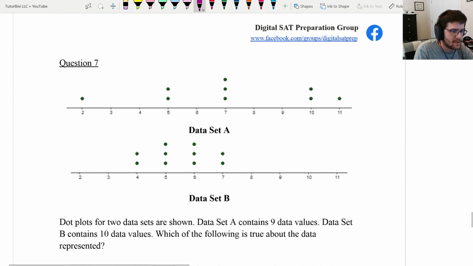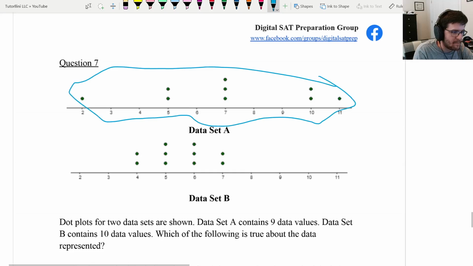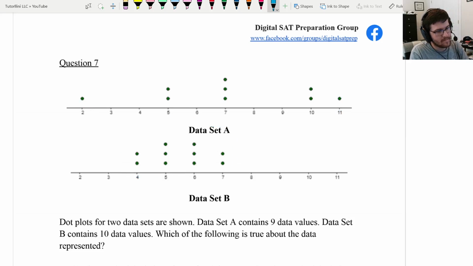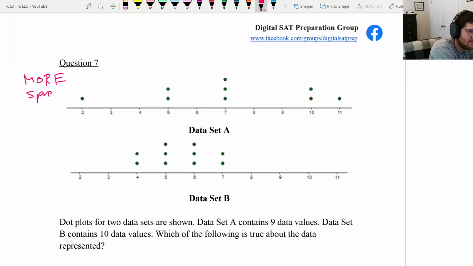So for this one, I'm looking, and I'm going, man, this one looks really spread out compared to how packed together this one is. So this one is more spread out. So it has a higher standard deviation, STDEV.